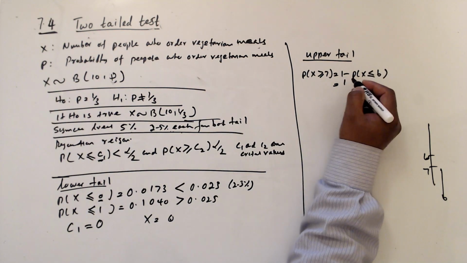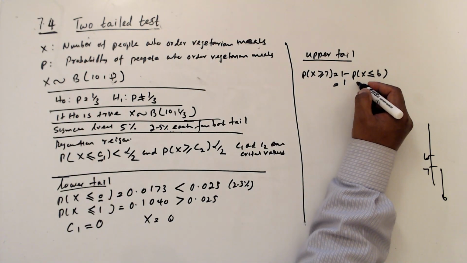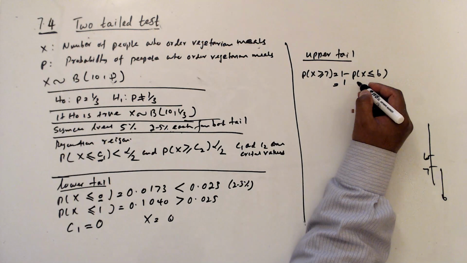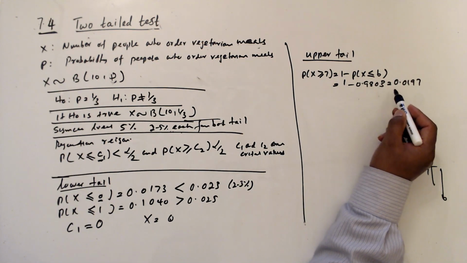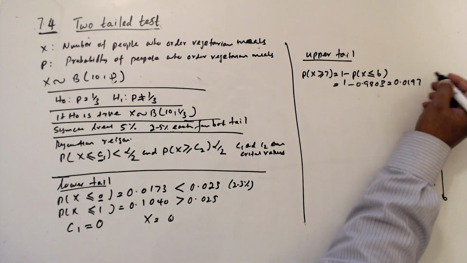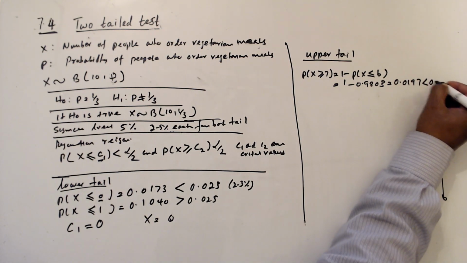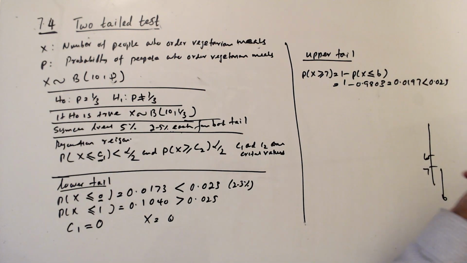So this is 1 minus 0.980. So this is less than 0.025.